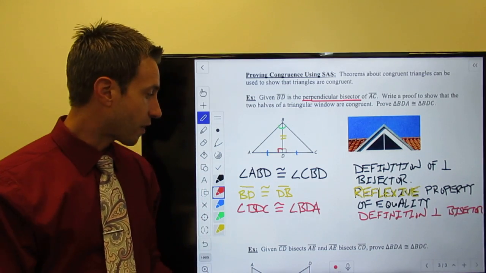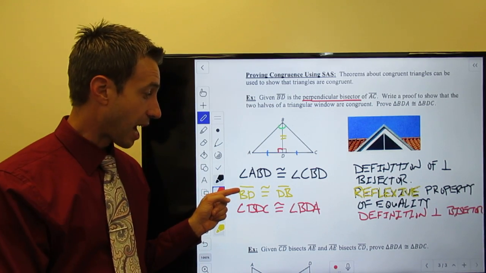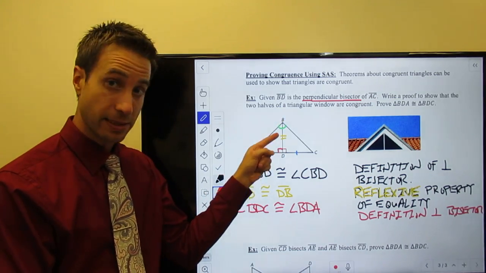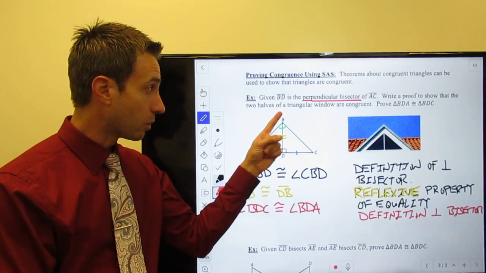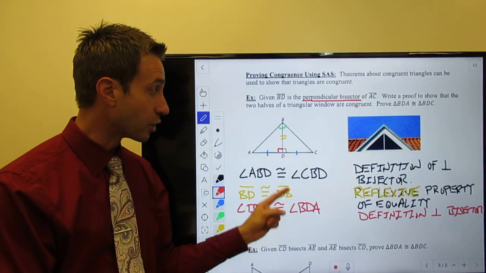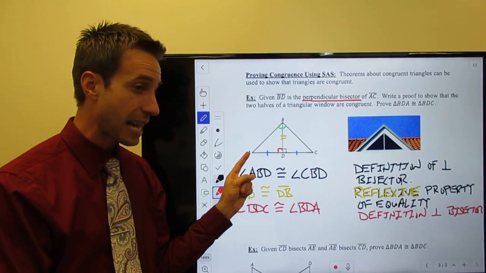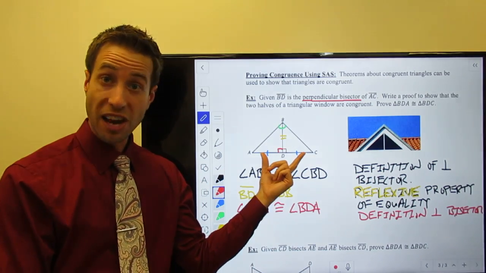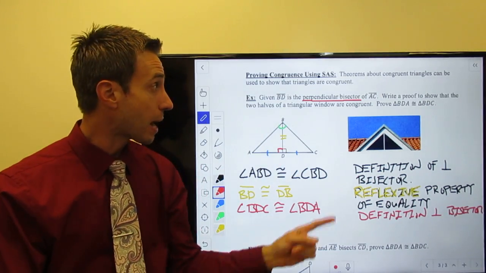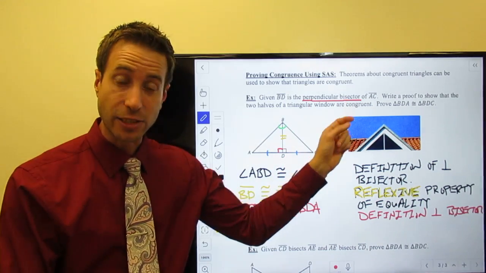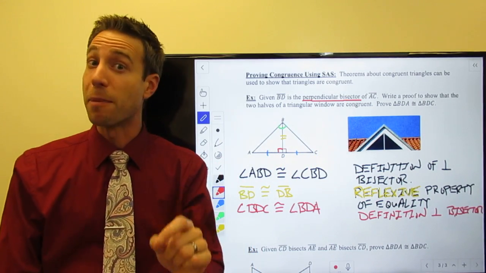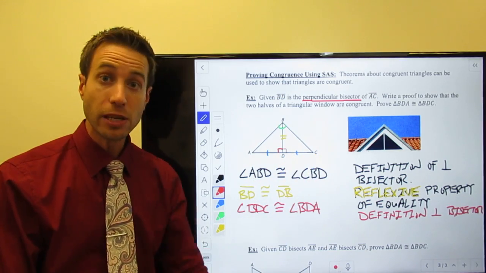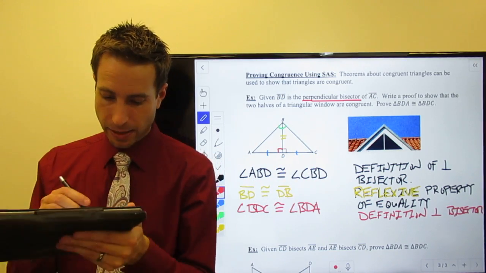Okay, so here's what we've got. I have a side, BD is congruent to side DB, side. I now have an angle, BDC is congruent to BDA, side, angle, side. All I have to do is show another side is congruent, but again, perpendicular bisector. By definition of a bisector, AD must be congruent to CD.